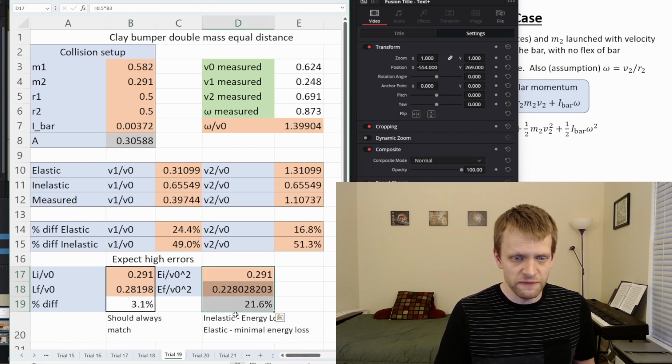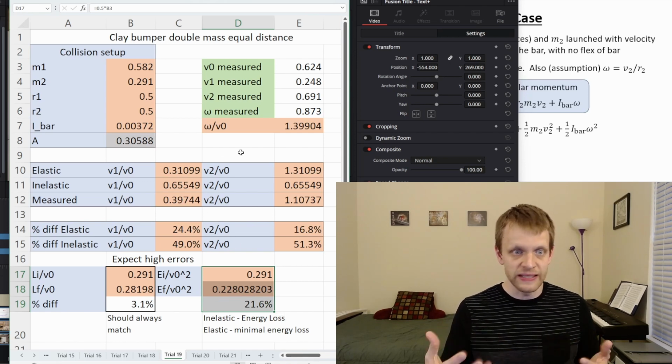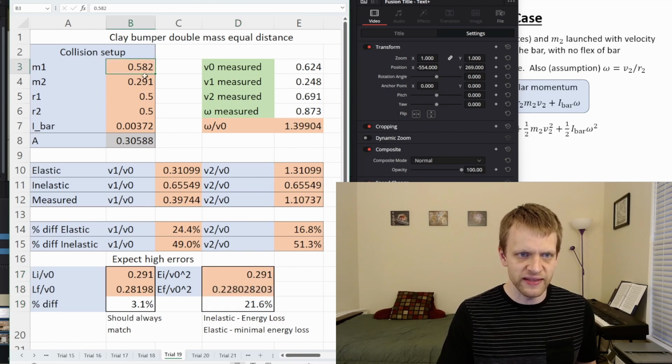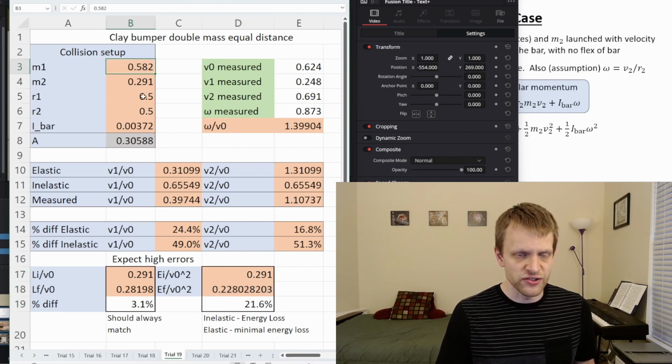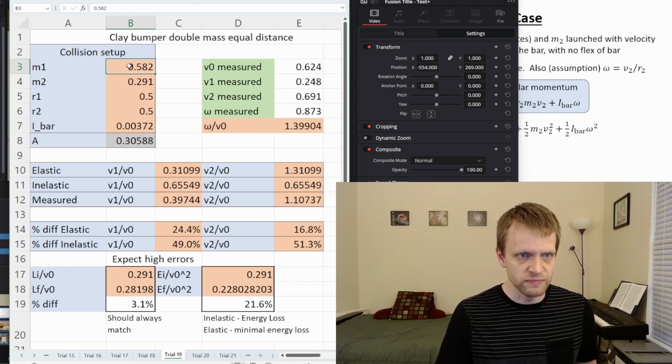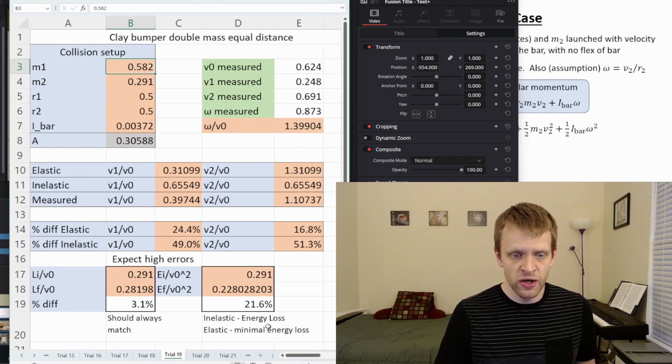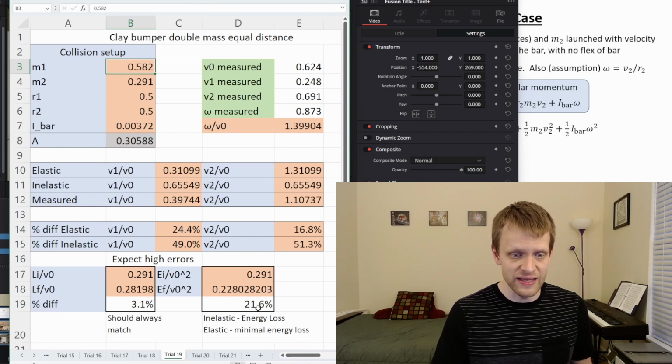We don't actually get very much additional energy loss, because even in a completely inelastic collision, just based on the fact that we've got a lot of mass moving to begin with, it's not anchored at a closer in point. It's not going to change its motion as much. Even in a perfectly inelastic case, we wouldn't lose that much energy. But we did lose a little bit more than in the elastic case.